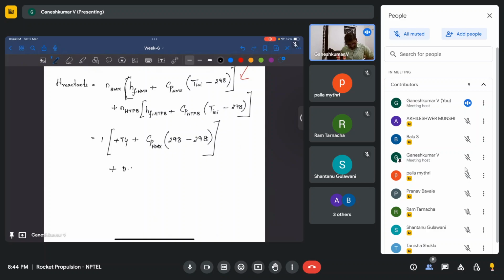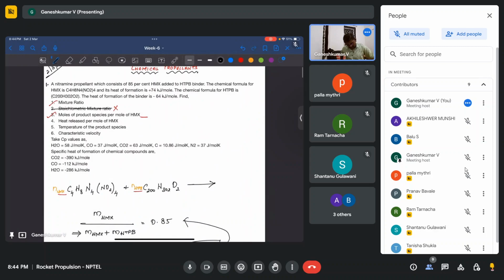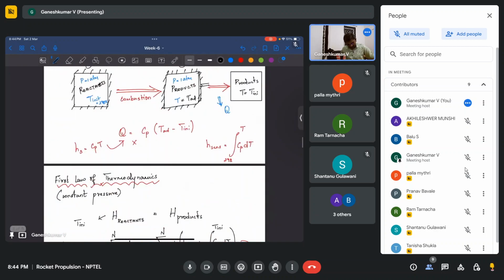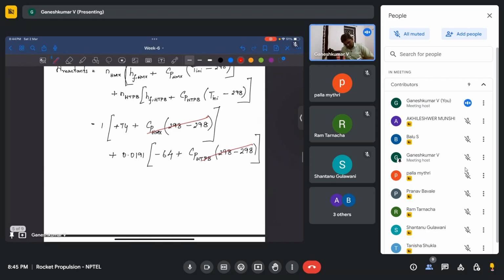The number of moles of HTPB is 0.191 into minus 64, plus Cp of HTPB into T initial, which is 298, minus 298. So this part actually drops out, and then this will give you the enthalpy of reactants in kilojoules.